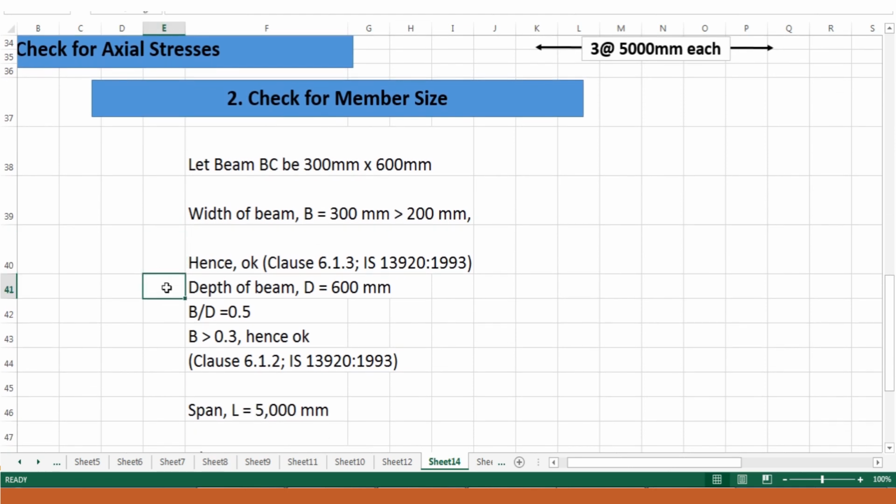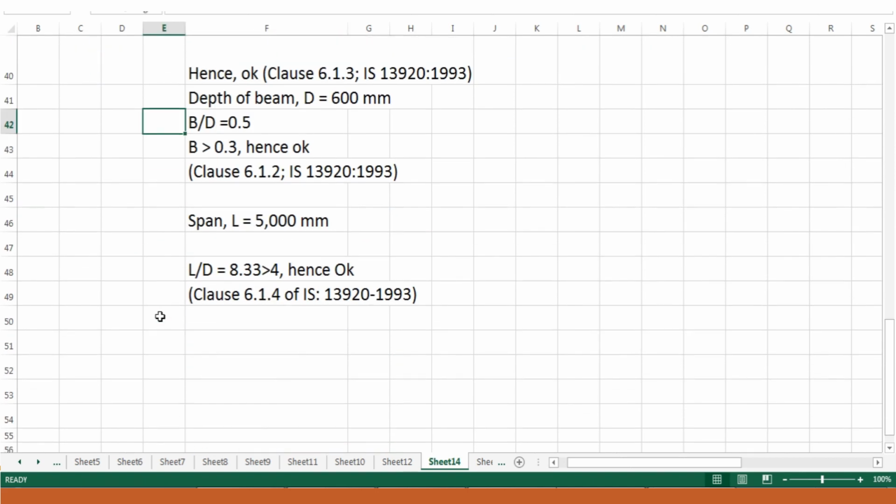Next, the depth of the beam is 600 mm. Clause 6.1.2 states that the B by D ratio, that is the breadth to the overall depth ratio, should be greater than 0.3. Here it is 0.5, so this clause is also met.